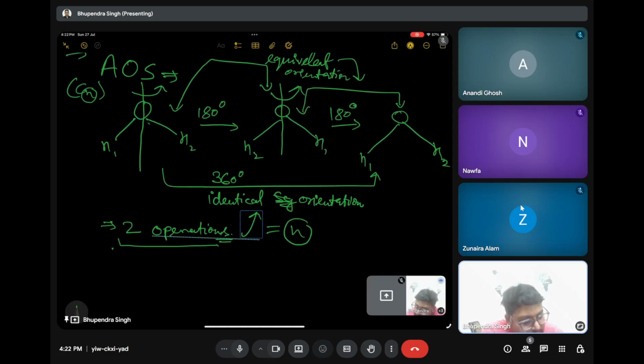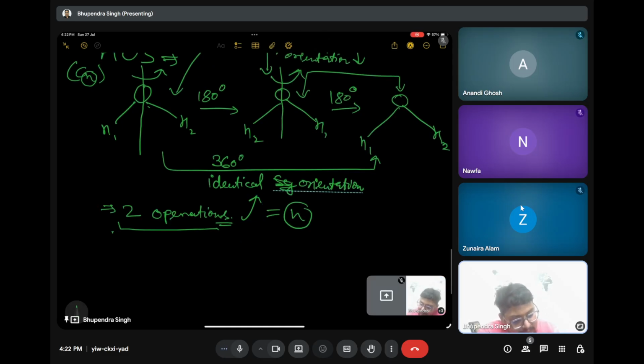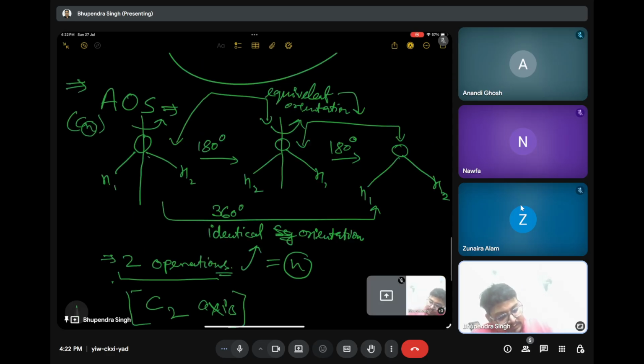So n is 2 here, and this will be C2. So the C2 axis is present in the water molecule. This is your C2 axis.